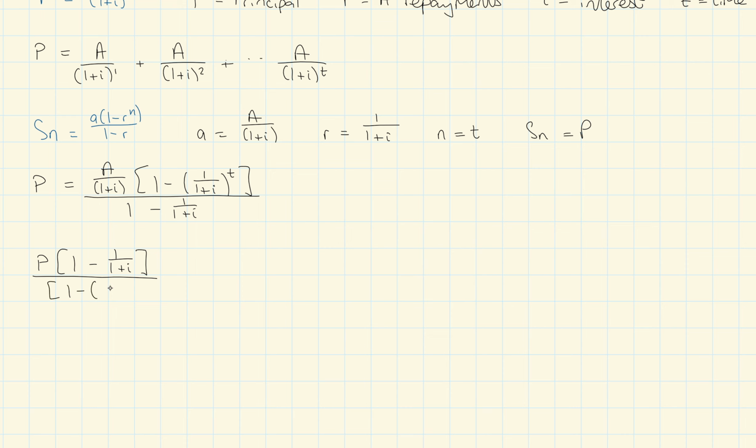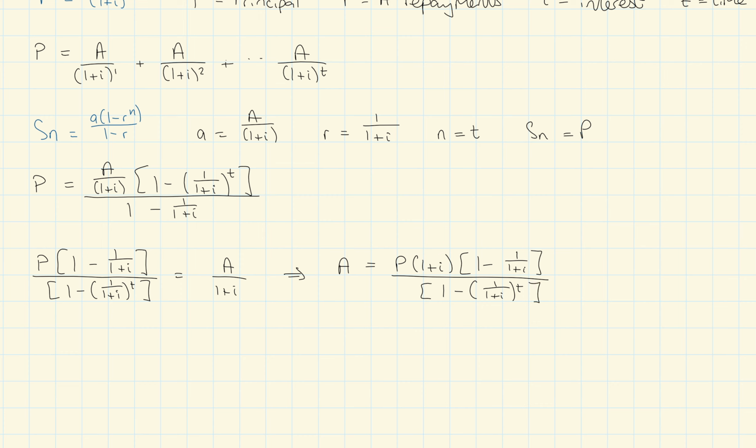So we have 1 minus 1 over 1 plus I to the power of T will equal A over 1 plus I. Again, we're not quite there, we need A by itself. So we get A is equal to P times, and then the 1 plus I comes across, and our square bracket stays as is, and then the denominator has stayed as it is. So we get 1 minus 1 over 1 plus I to the power of T.